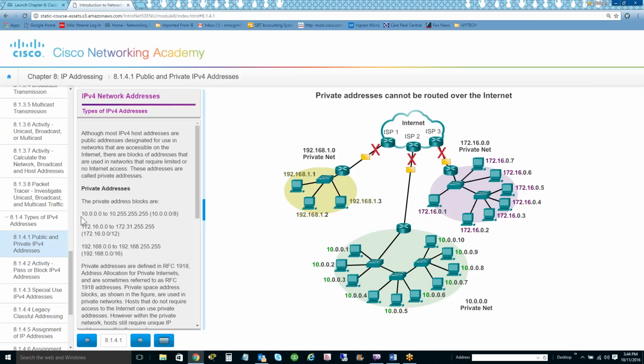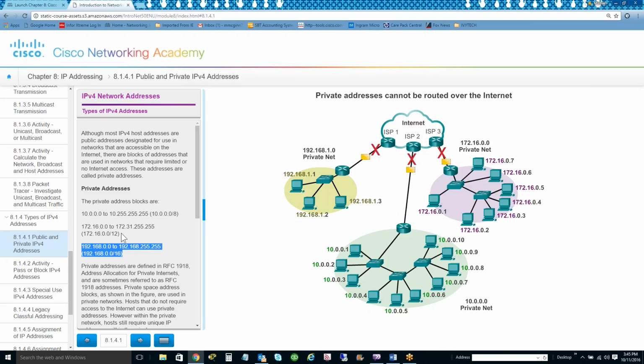Private IP addresses, the blocks that they show here, there's basically a block for each what we call class of network. So those are right here. In the Class C network, it's 192.168.0.0 to 192.168.255.255, or 192.168.0.0/16.